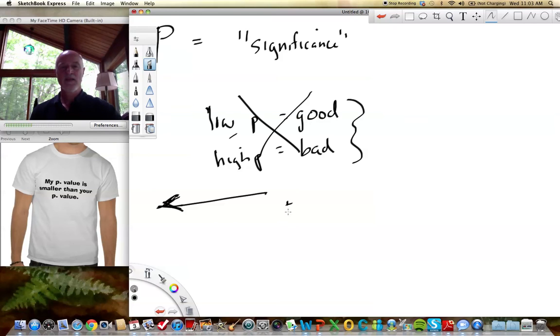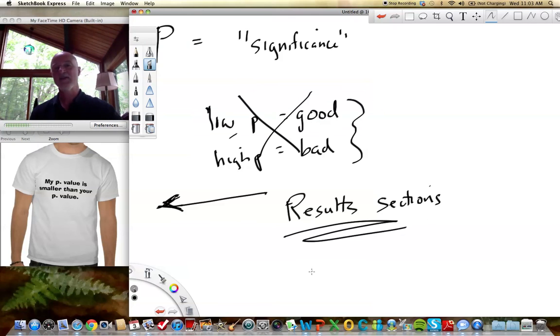The p-value is something that gets reported in results sections. The interpretation of the p-values comes later. We make qualitative judgments about those p-values afterwards, as a separate process from the simple reporting of this probability, because the probability is what it is. It is not good, it's not bad.